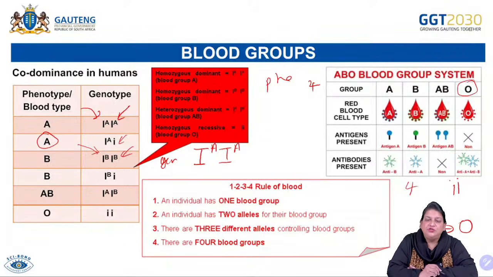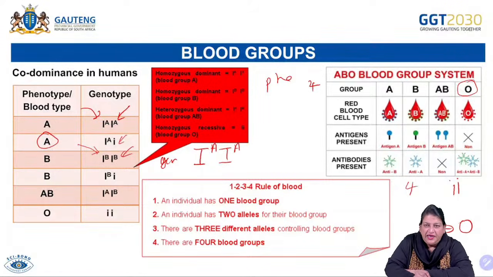That's why he's homozygous blood group B. You can also be blood group B heterozygous, which means you inherited one B allele from your one parent and your other parent had the O blood group. Therefore, the O is represented as small i. That is the O allele, represented as small i in a genetic cross.